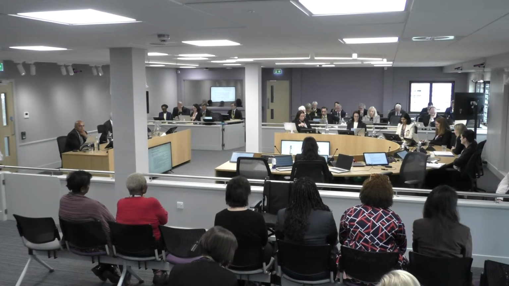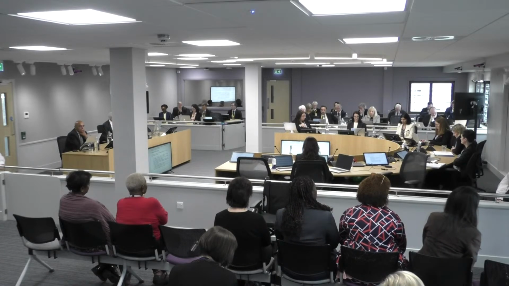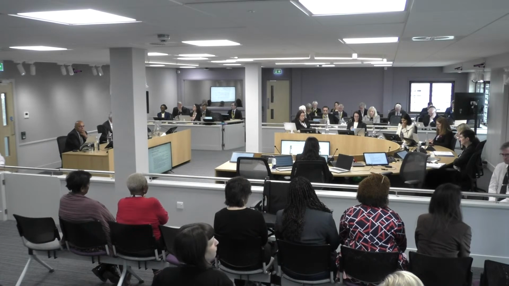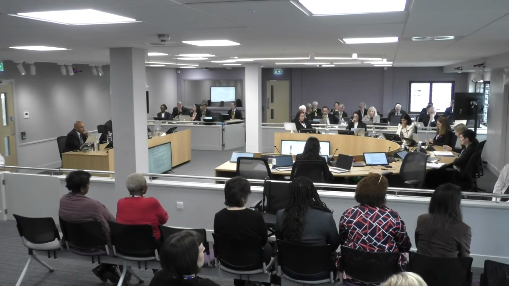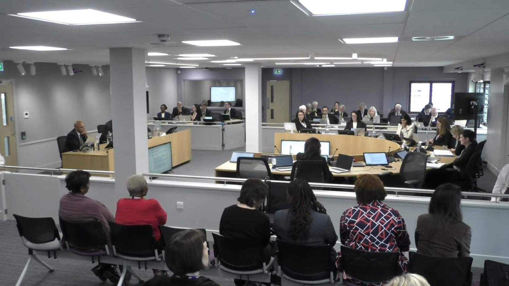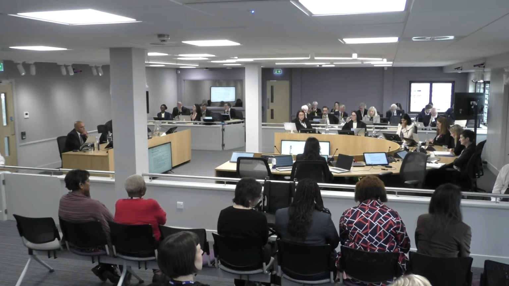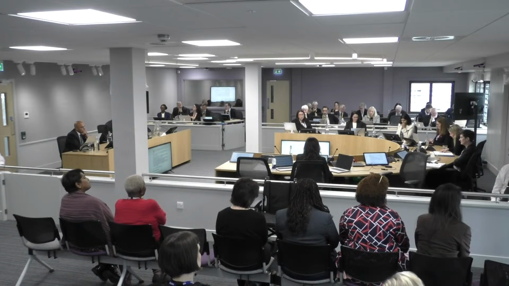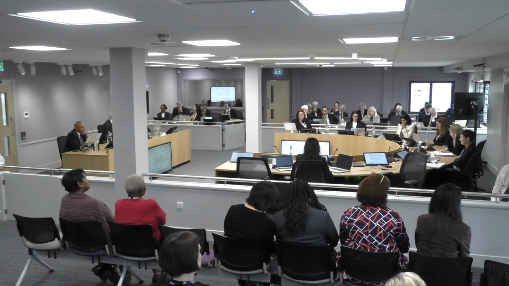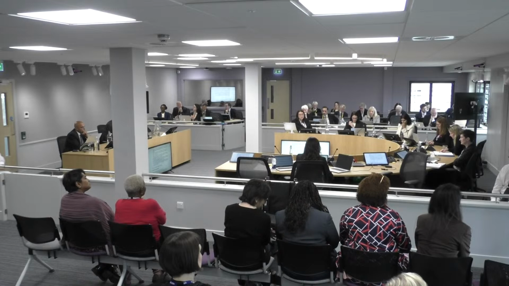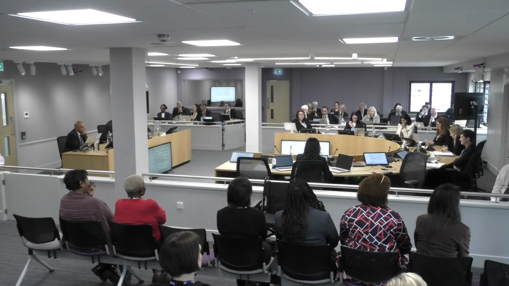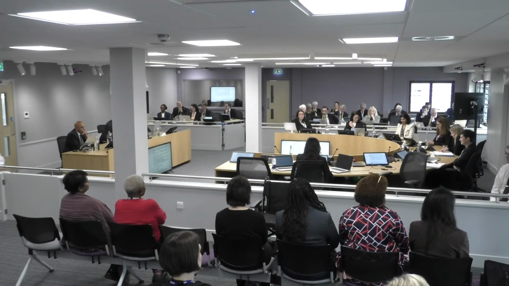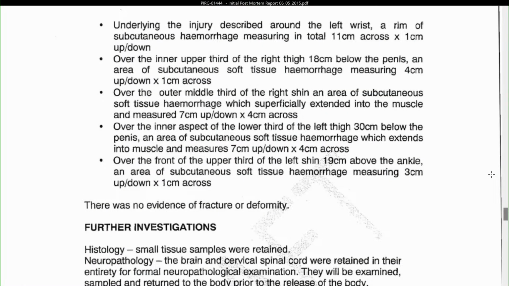Then moving on, I also see in the musculoskeletal system of your report that you mention injuries to the shin area. If we could move on to page 8, please. For example, the third bullet point there: the outer middle third of the right shin, an area of subcutaneous soft tissue hemorrhage, superficially extended into the muscle and measuring 7 centimetres.